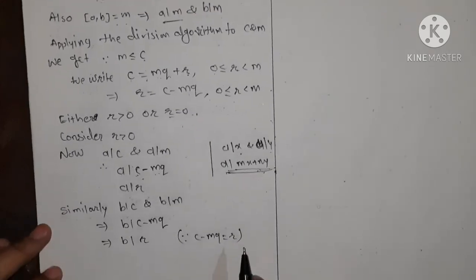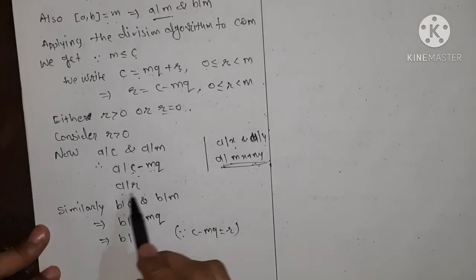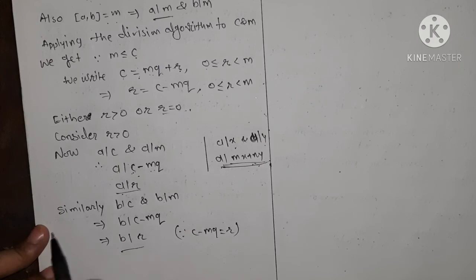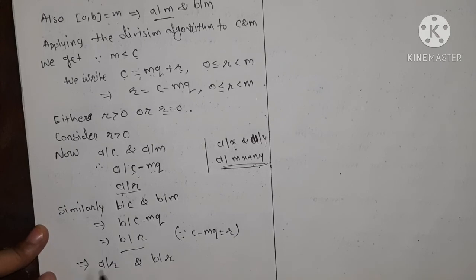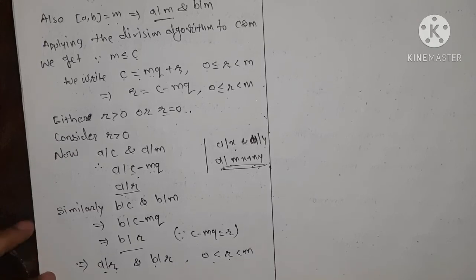Okay, so from these two we have that a divides r and b divides r. As we have seen in the definition of common multiple, if a divides a number and b divides the number r, then we say that r is a common multiple of a and b, and it lies between 0 and m, that is 0 less than r less than m.